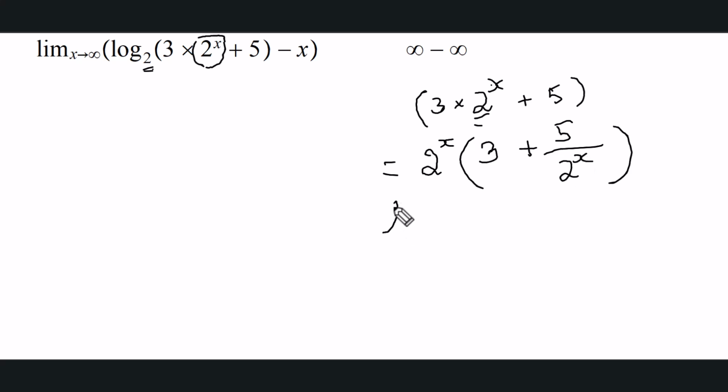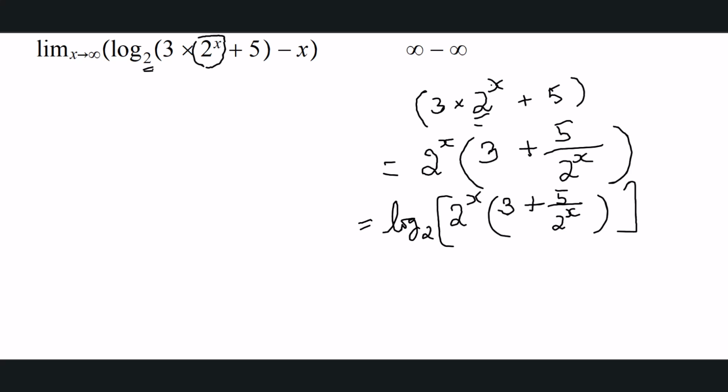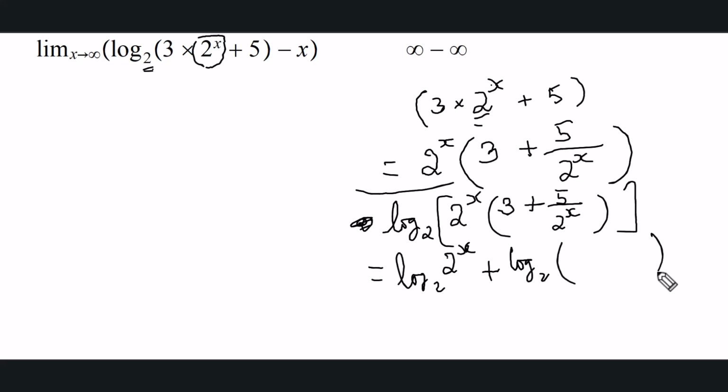And if you do this, log with base 2 of this product, 2 to the x times 3 plus 5 over 2 to the x, then the log of a product is how much? The log of a product is the sum of the logs of the factors. So I got this here, and then log with base 2 of the second factor.